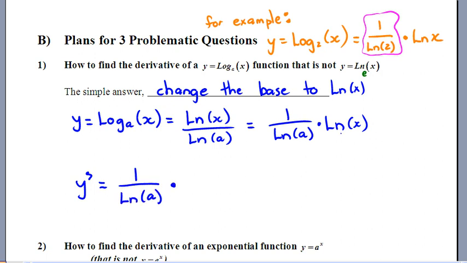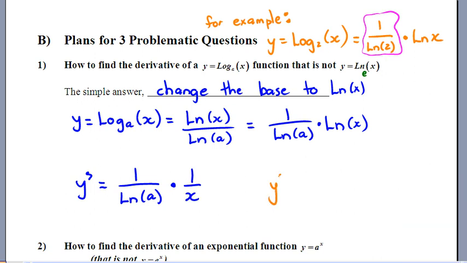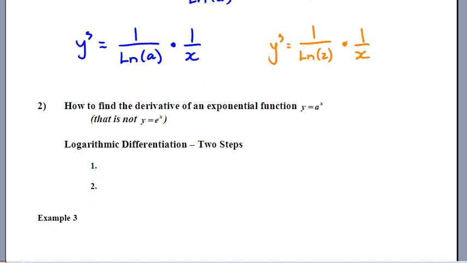Then you would do the derivative of ln x, which is 1 over x. So in this orange example, the derivative is 1 over the ln of 2, an irrational number but a plain old number, multiplied by 1 over x. So if you have a base that isn't e, switch it over to natural logarithms, and then you're good to go.